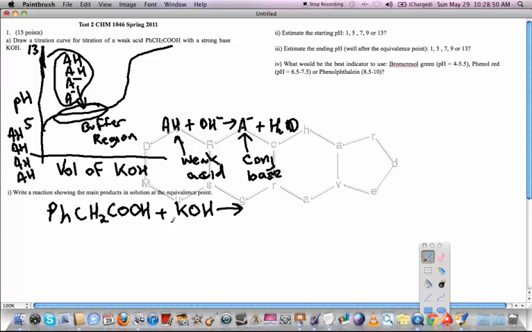And what's going to happen is that since this is a weak acid, we know it's going to release an H, that'll be as H+. And since this is a strong base, we know it's going to release OH, and that'll be as OH-. So these two will join together and form water. So we know that that's one of the products. And whatever else will combine together and form the salt.